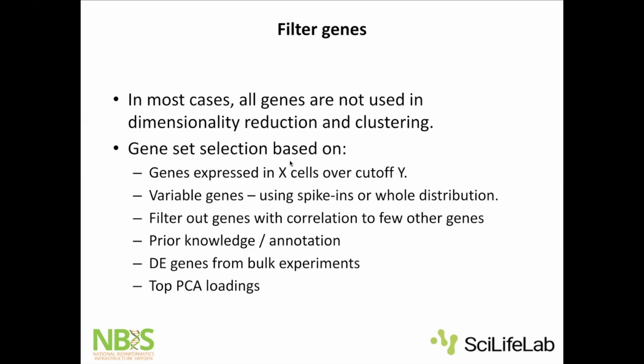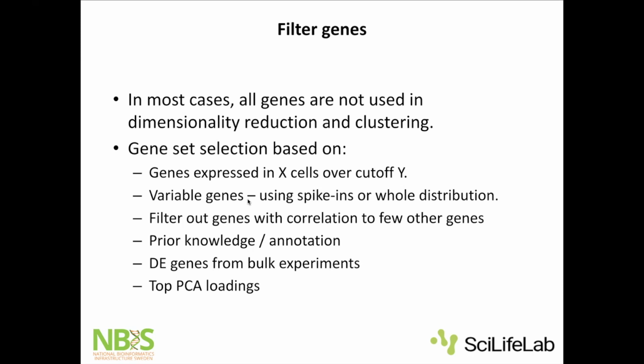But the normal thing is for a gene to be included, it should be detected in at least 3 cells. But the more cells you have, the higher that number will be. Of course, if your smallest population of cells in your data set is maybe 20 cells, you don't want to go too high on those numbers. That's also the main reason for doing this cutoff: just to reduce the size of your matrix and save some memory and computational cost.